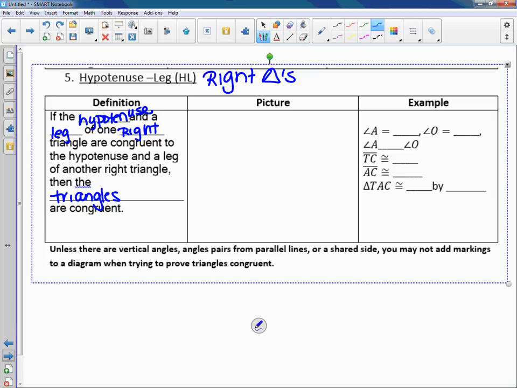So, remember, the hypotenuse is the side across from the right angle.